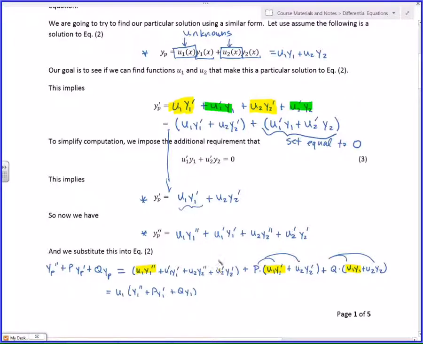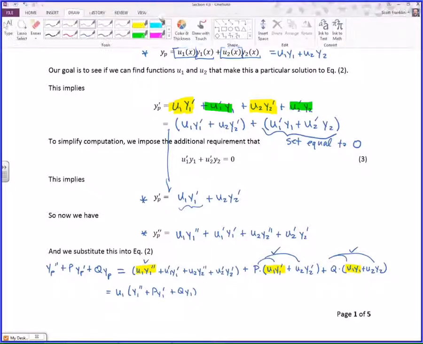Again, I'm distributing the p, so these terms have a p in them. This term has a q in it. If I factor out the u1 from each of those three, I'm left with y1 double prime plus p y1 prime plus q y1. So that term's taken care of.